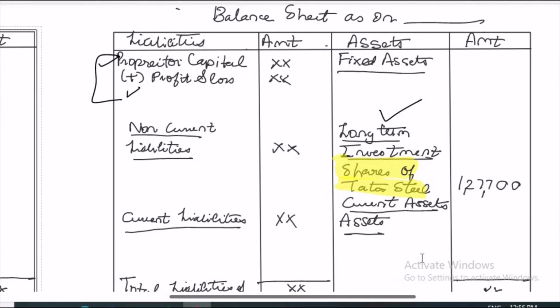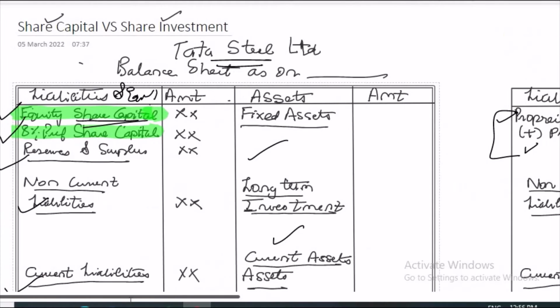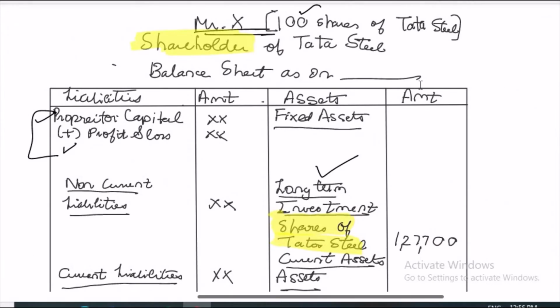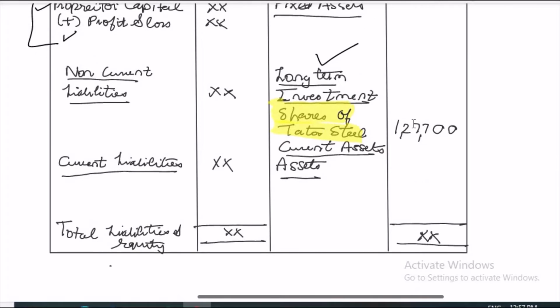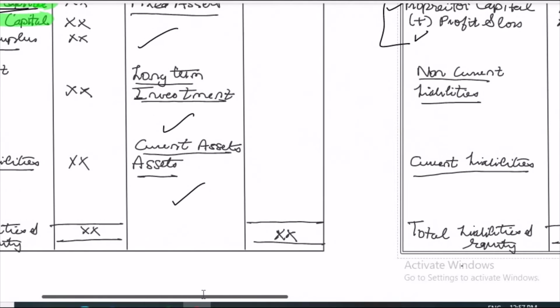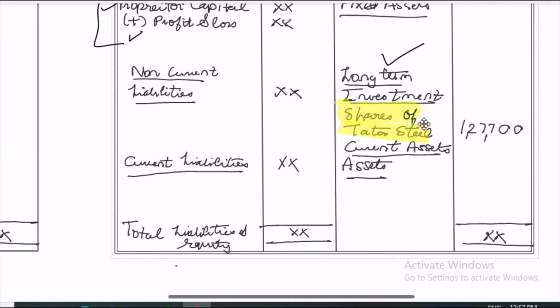Then the balance sheet as well. After we invest in the shares of Tata Power, 1,27,700, this is a long-term investment, that is shares of Tata Steel 1,27,700.